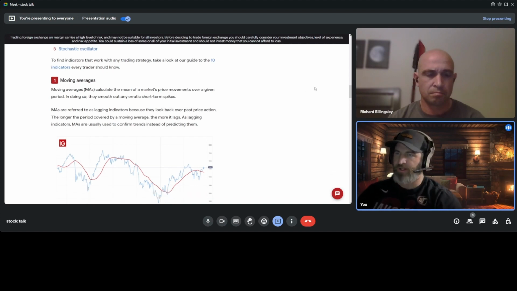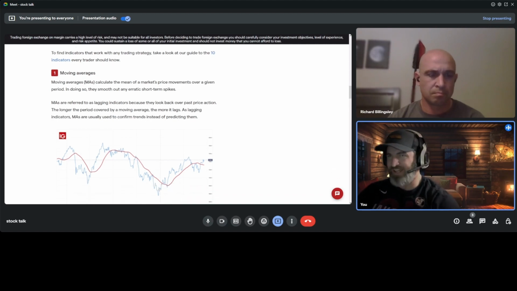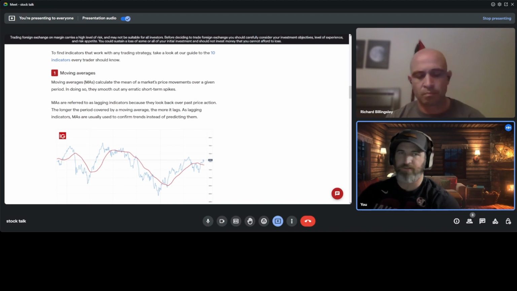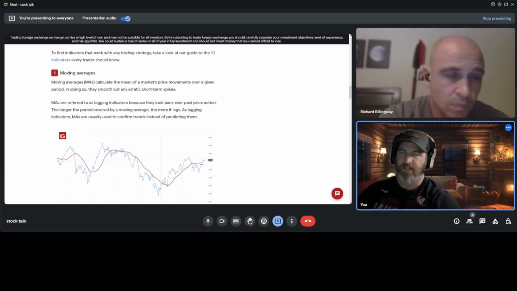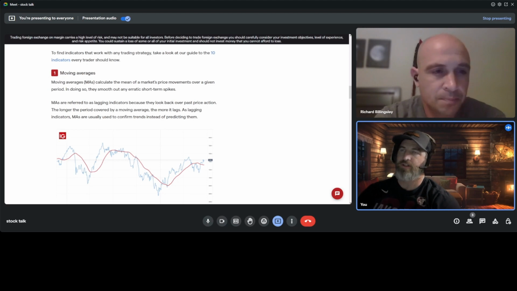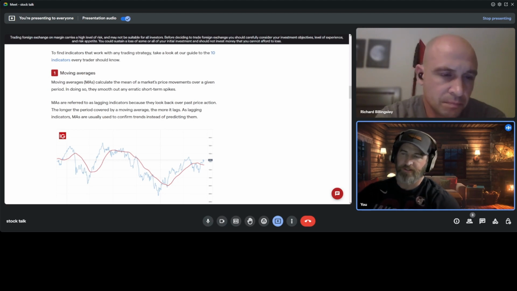So, moving average. I use the exponential moving average, which takes into account a lot of different things, but it's more of a smoother line.